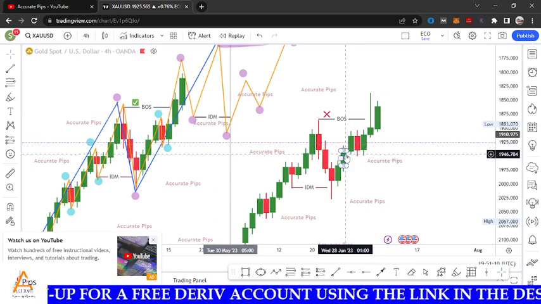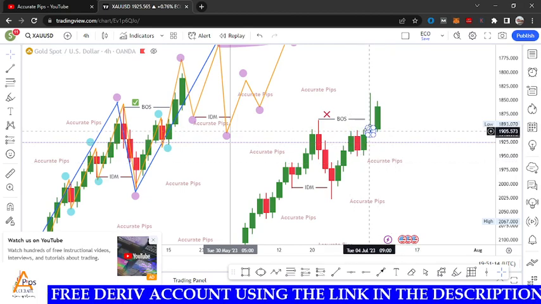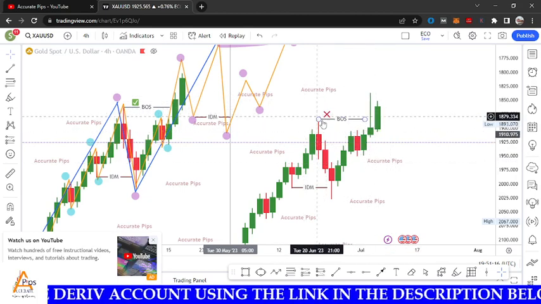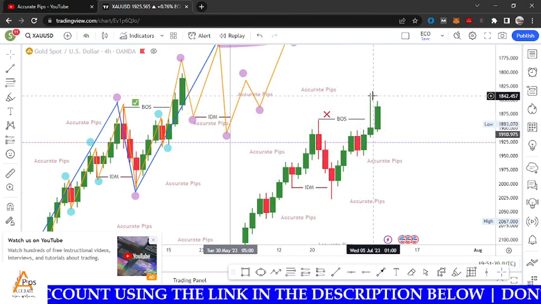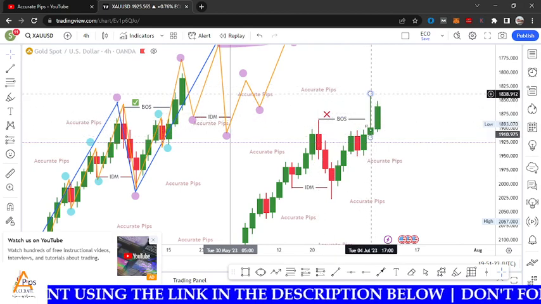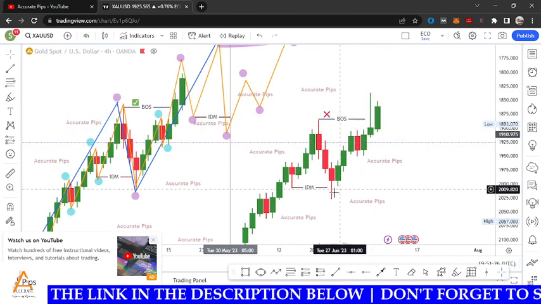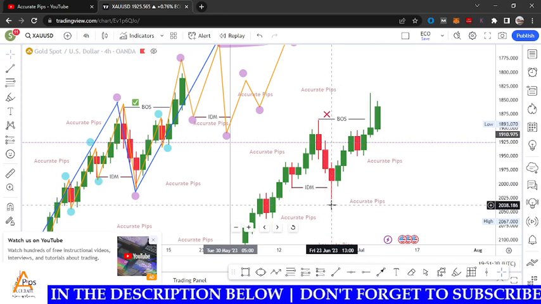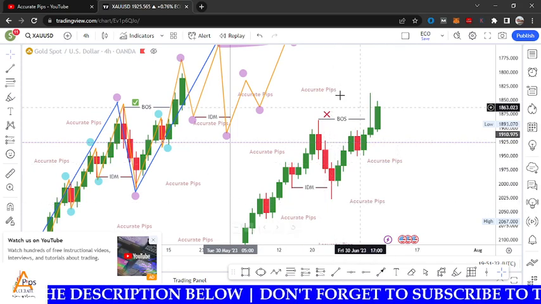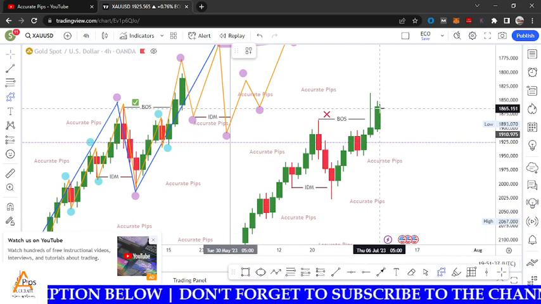In terms of the actual market structure, this is not a valid break of structure. This was our previous high, but this cannot be considered as the candlestick that breaks that high. So this area here cannot yet be considered as our new low formation, because the market could decide to maybe move from here.